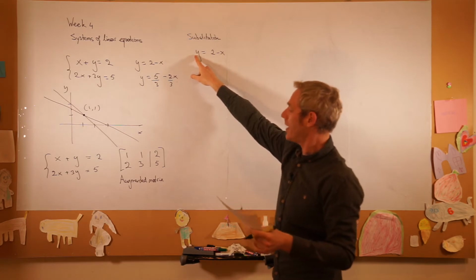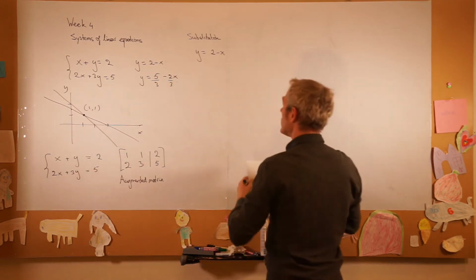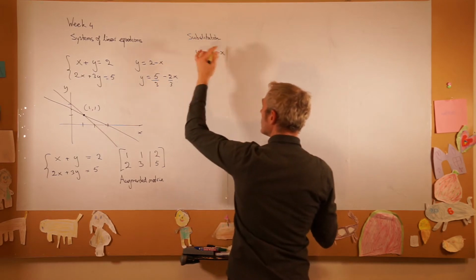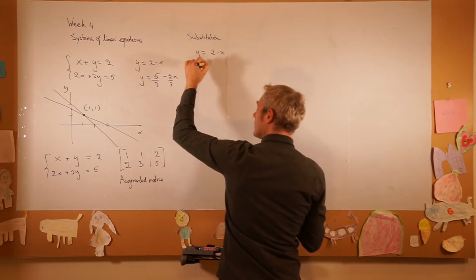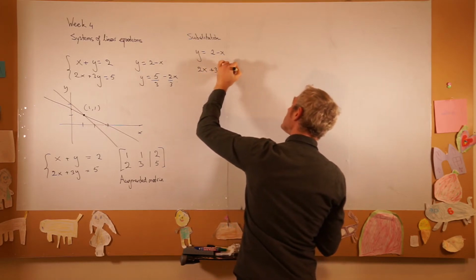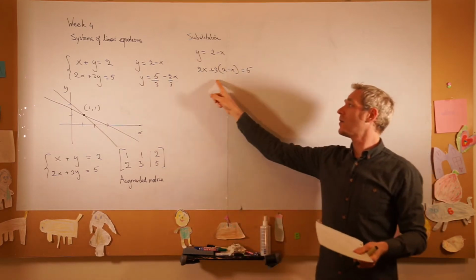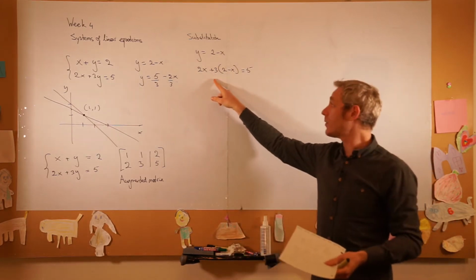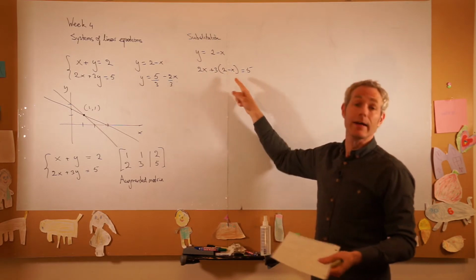This y gets substituted for this y here. So this is the first equation, just rewritten. When we get 2x plus 3 times 2 minus x is equal to 5. And this eliminates y from the second equation. We are left with one equation with only one variable, and that can be solved.